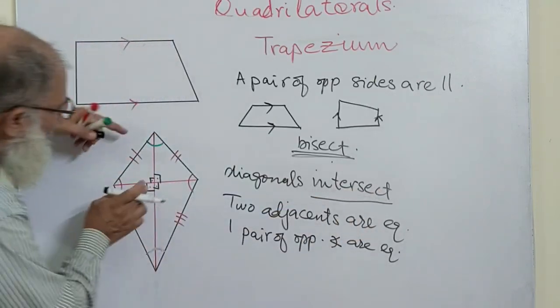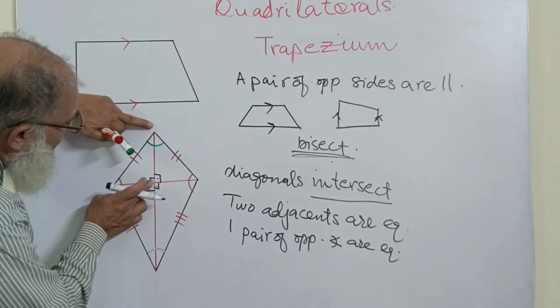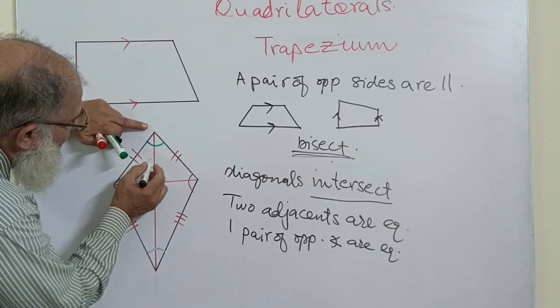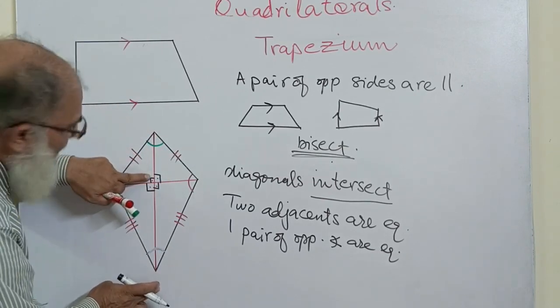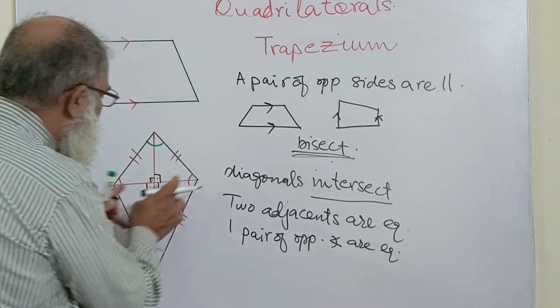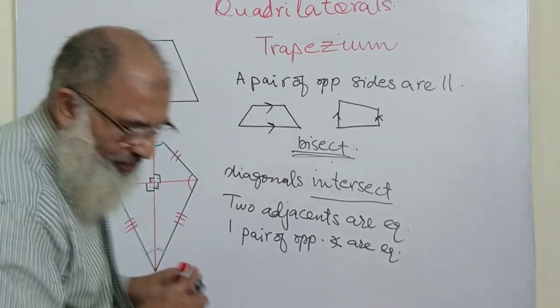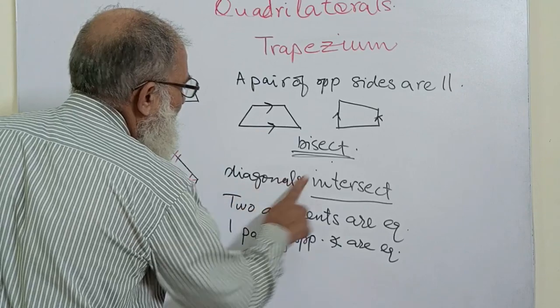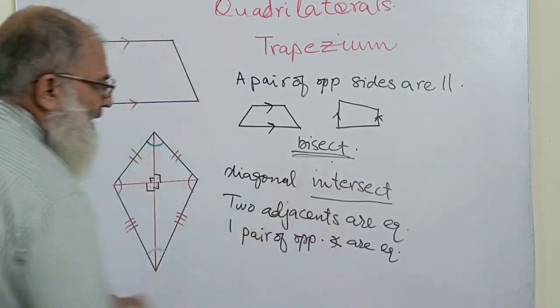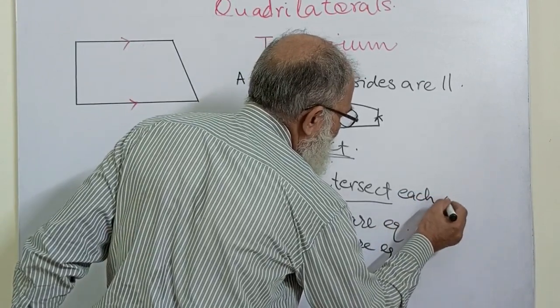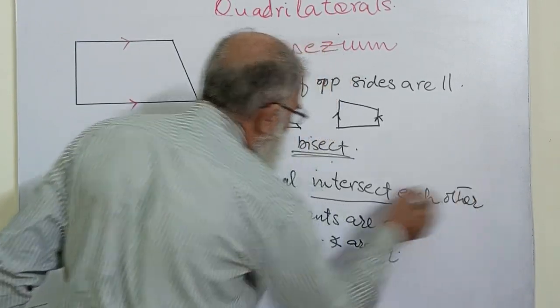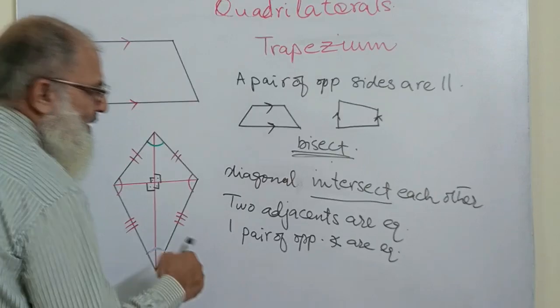Now you see that they intersect each other. Now this length is lesser and this is larger. Similarly this may be equal. Now one diagonal intersects, and the other bisects.